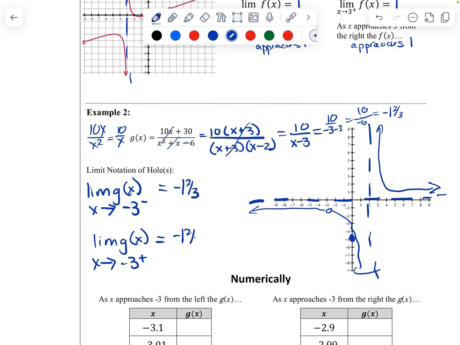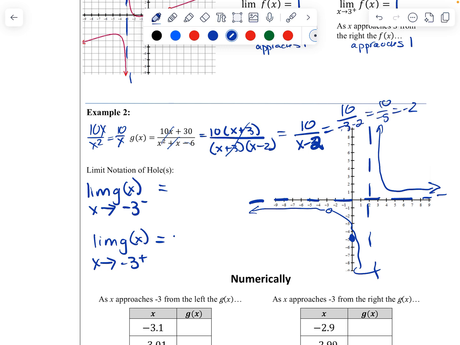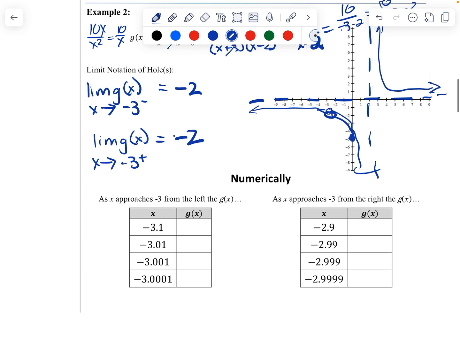It's approaching that height. Oh, I messed up. This is x minus 2. Okay, I thought this was weird. I was trying to figure out why this is wrong. So let's look at that again. I was like, I can't believe they gave us a fraction for our first one. So this is 10 over x minus 2. And if we put in our hole, it's 10 over negative 3 minus 2. 10 over negative 5 or negative 2. So our hole should actually be down here. So it approaches negative 2.